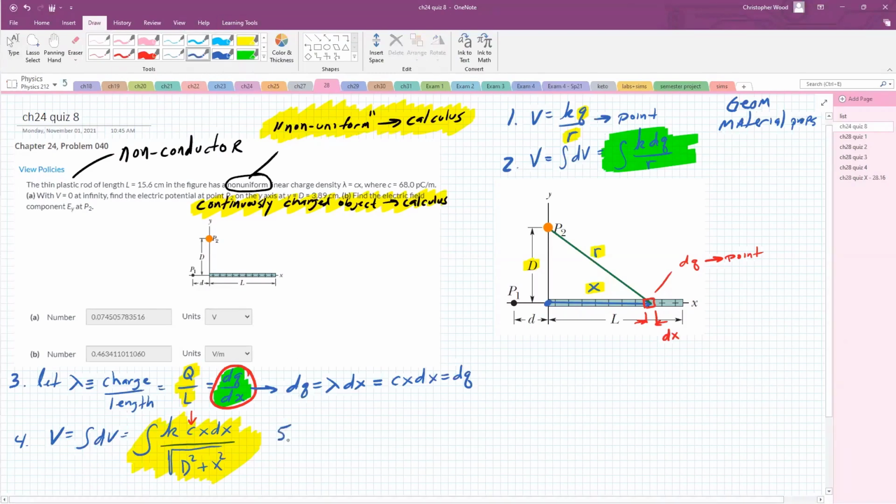So number 5, I'll use U substitution. Let U equal d squared plus x squared, which means dU equals 2x dx.